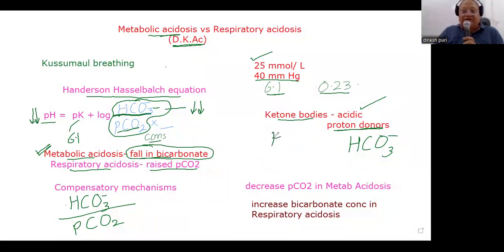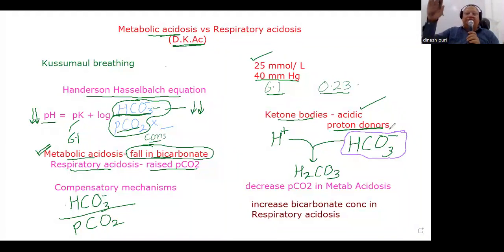So excessive generation of H+ will be there, which will be neutralized by bicarbonate ions in the extracellular fluid, resulting in formation of H2CO3. Further events we won't discuss, that is enough for now. There will be fall in the bicarbonate concentration, because the bicarbonate will be depleted for neutralizing the protons. So fall in the bicarbonate, and that means metabolic acidosis, as we had already seen.